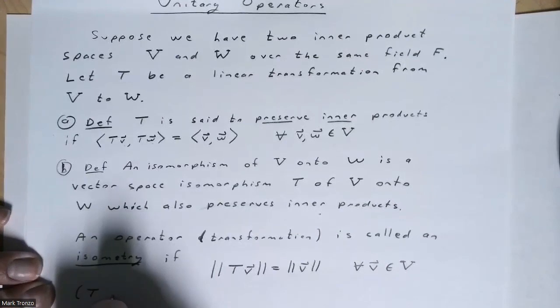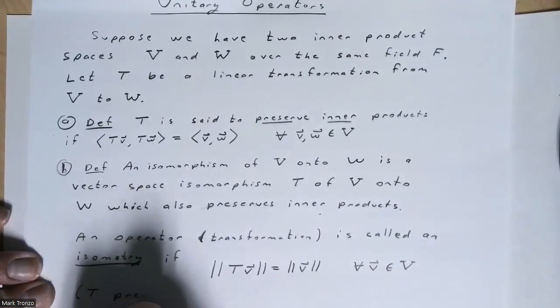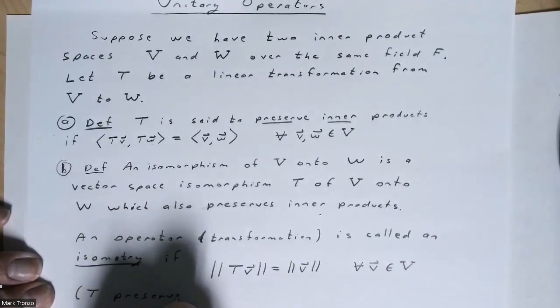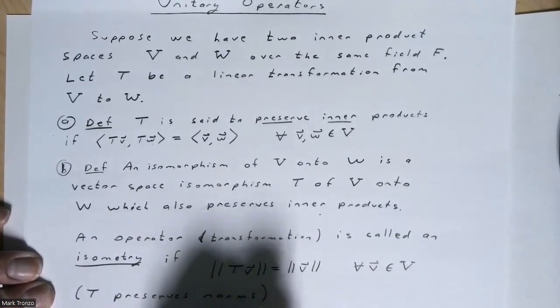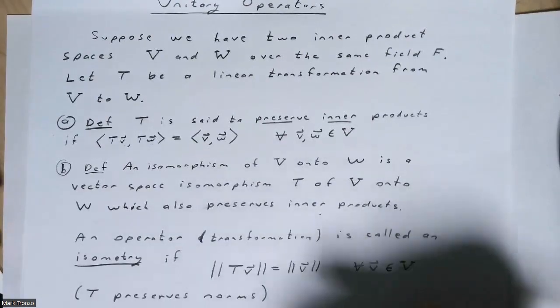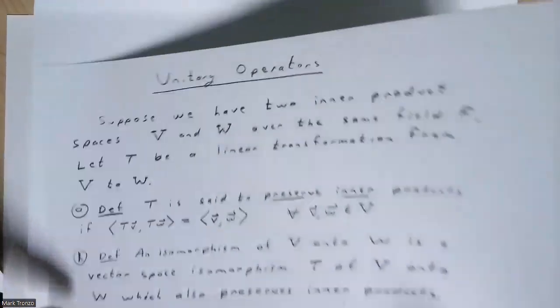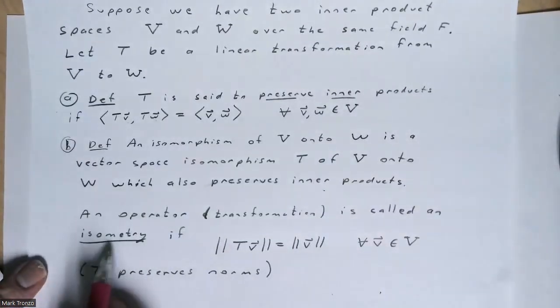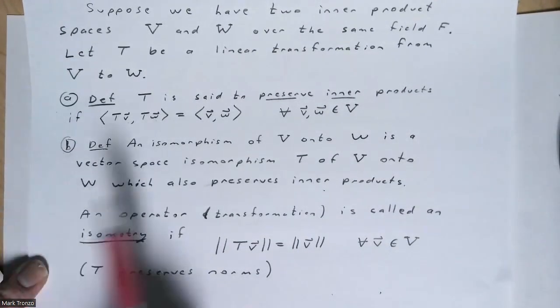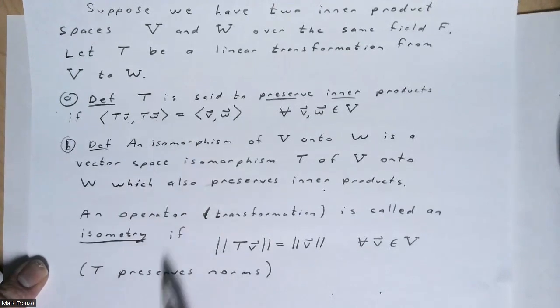T preserves norms. So there's a couple of ways you can define an isomorphism or an isometry. You can either think of it as preserving inner products or preserving norms, depending upon your definition. And we'll see in a minute that these are equivalent. If you have one, then you have the other.